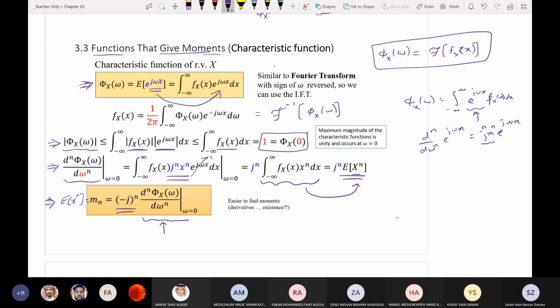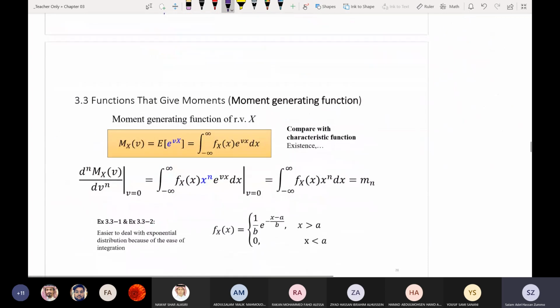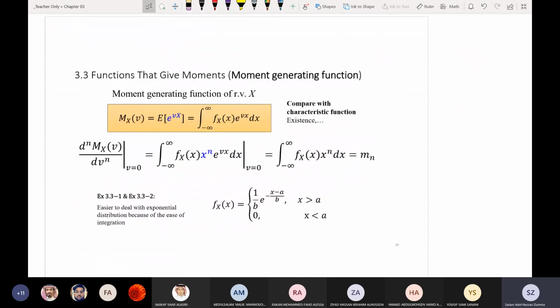Now, a related function. As I mentioned, the characteristic function is the Fourier transform of the PDF. If we take the Laplace transform of the PDF, we end up with what we call the MGF, the moment generating function. It's very related to the characteristic function, except that we eliminate the j.